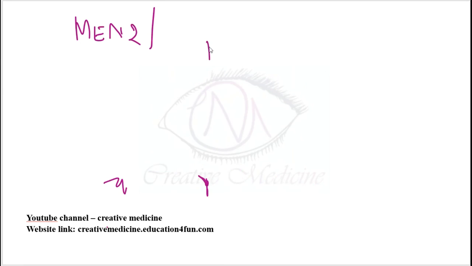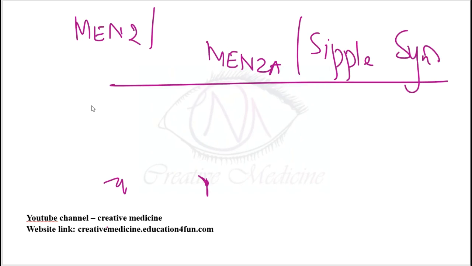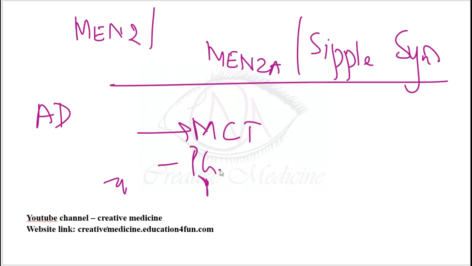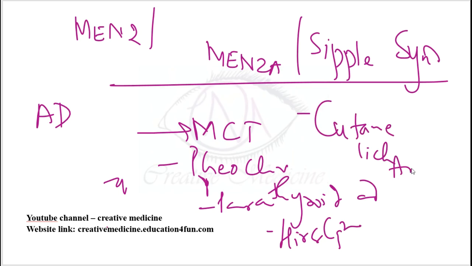MEN 2 is also called MEN 2A or Sipple syndrome. It is autosomal dominant, characterized by medullary carcinoma of thyroid, pheochromocytoma, parathyroid adenomas, Hirschsprung disease, and cutaneous lichen amyloidosis.